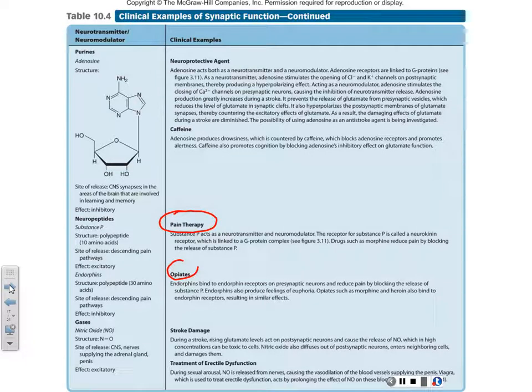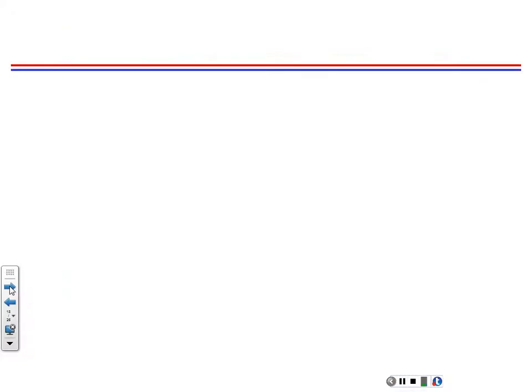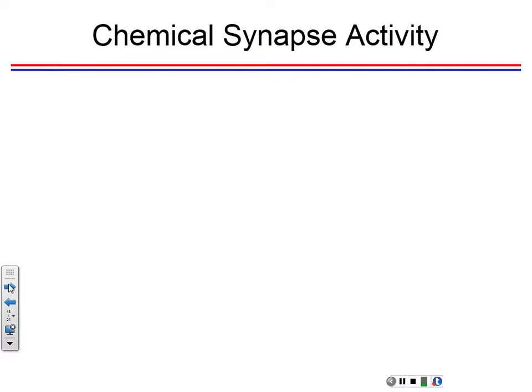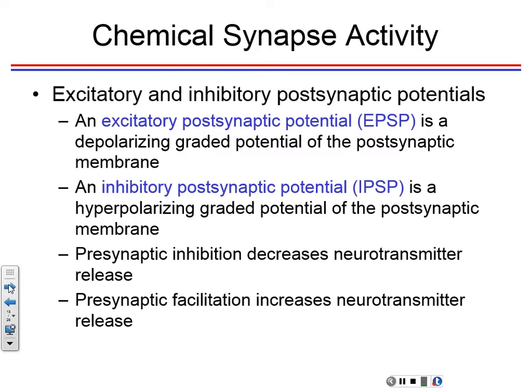Anyway, I'll stop there, but know about the first three. Those are the ones I might ask about in the exam: myasthenia gravis, Parkinson's disease and depression. And then, of course, the cocaine addiction.